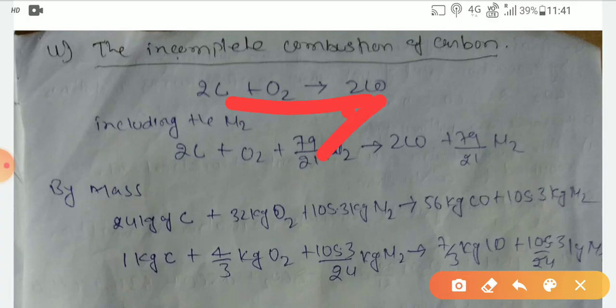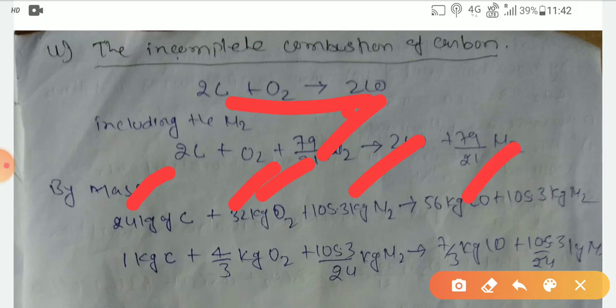I am going to write on the basis of mass, so 2 moles of carbon, and the molecular weight of carbon is 12, so that means 24 kg of carbon, plus 1 mole of oxygen, whose molecular weight is 16, so 32 kg of O2. In the same way you can write 105.3 kg of nitrogen, to form 56 kg of carbon monoxide.